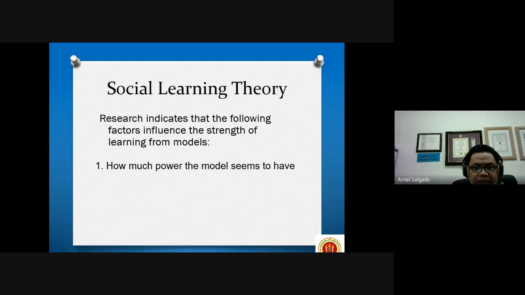Take note of this. Based on research, these are the influences on learning by models. How much power the model seems to have. If the teacher is admirable and if the teacher is modeling, then students will actually acquire information from them. There are so many people who taught students how to be bad.